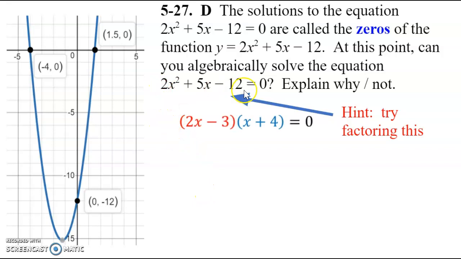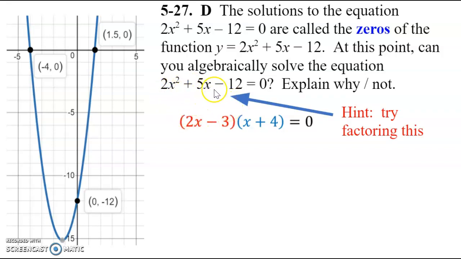If I factor this, I am going to get 2x minus 3 multiplied by x plus 4. You can use the diamond method followed by a grouping method or area model, or if you have some other method, that would be fine as long as you can show your work.